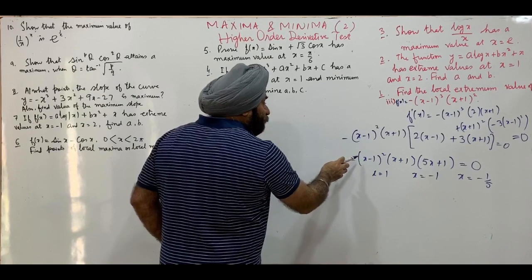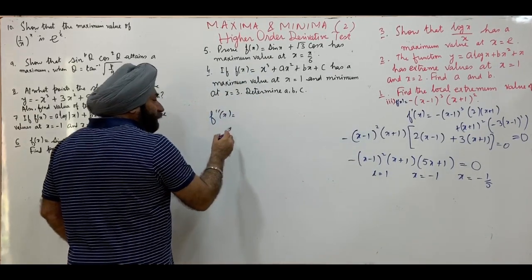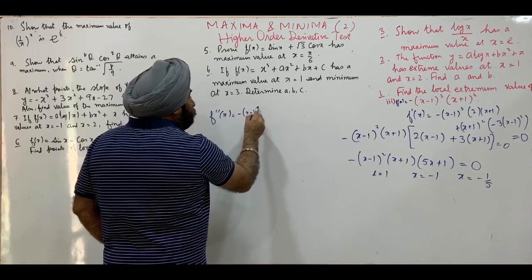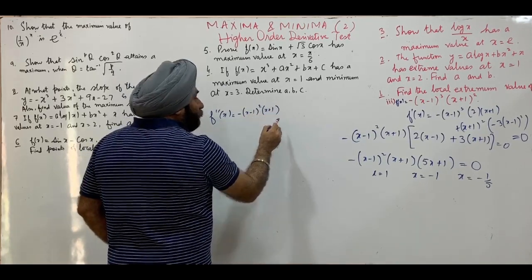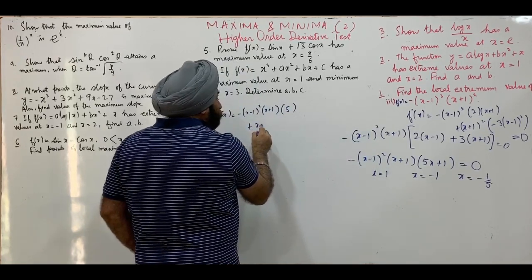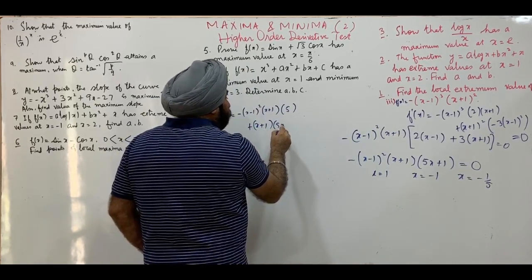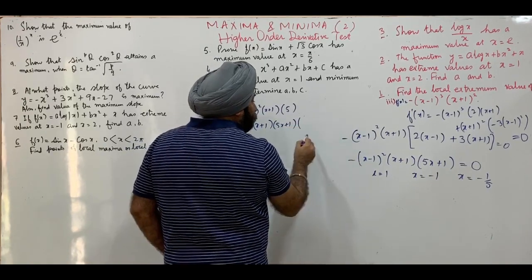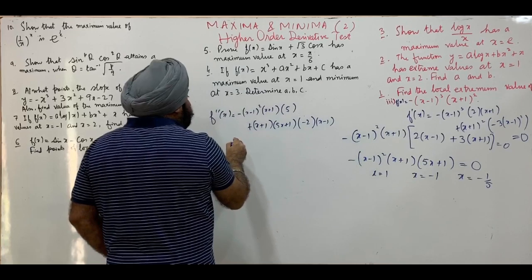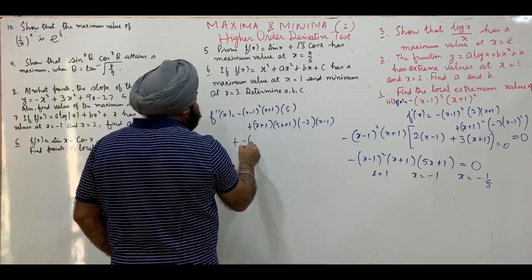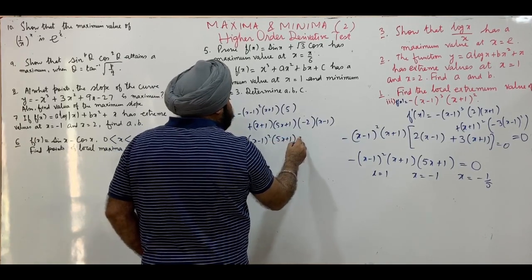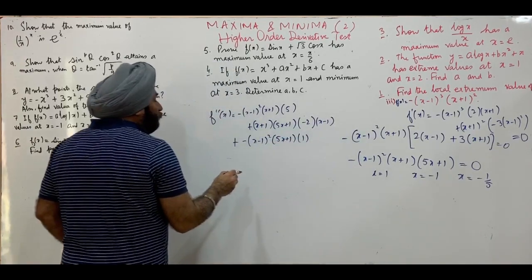Okay, this is first order derivative. For second order derivative, it's minus (x minus 1) whole square into (x plus 1) into derivative of this is 5. Then next two terms, (x plus 1), (5x plus 1) into derivative of this minus 2 into (x minus 1), and then product of first and third, minus (x minus 1) whole square, (5x plus 1) into 1. This is second order derivative.